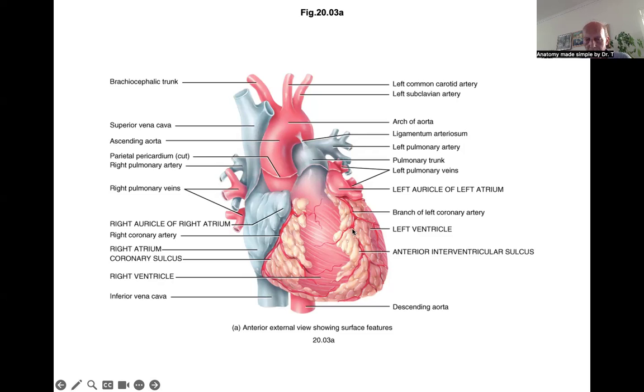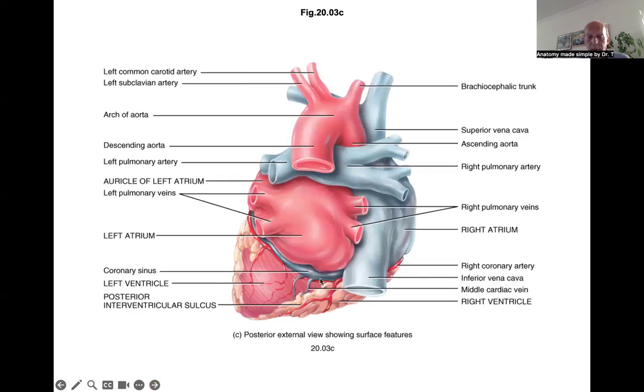The anterior side of the heart shows us the anterior interventricular sulcus. Obviously, anterior we know what it means, interventricular, between ventricles, while on the posterior side of the heart, we're seeing the posterior interventricular groove or sulcus.